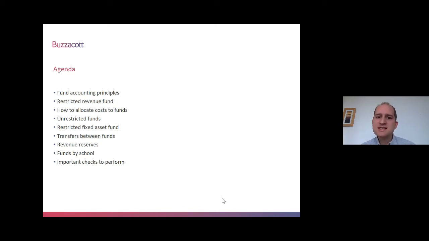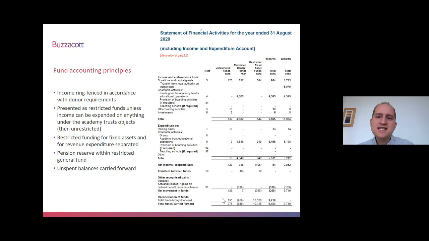So let's begin. The next slide shows the statement of financial activities, and as I've said, you can see the fund accounting immediately on this statement. You've got a column-based set of accounts which represents the funds: the unrestricted funds, the restricted general fund, and the restricted fixed asset fund as separate columns.